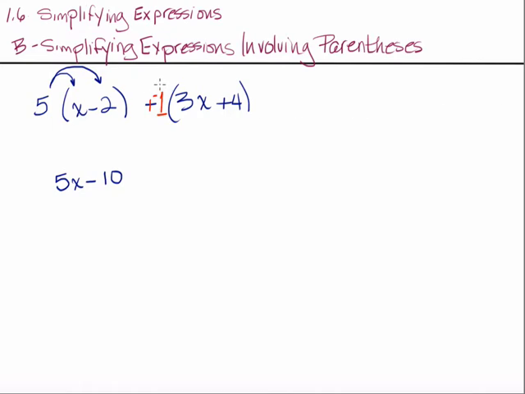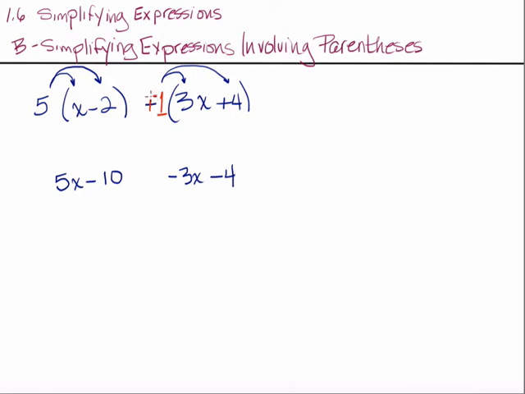So let's do that. Negative 1 times 3x is negative 3x, and negative 1 times plus 4 is negative 4.